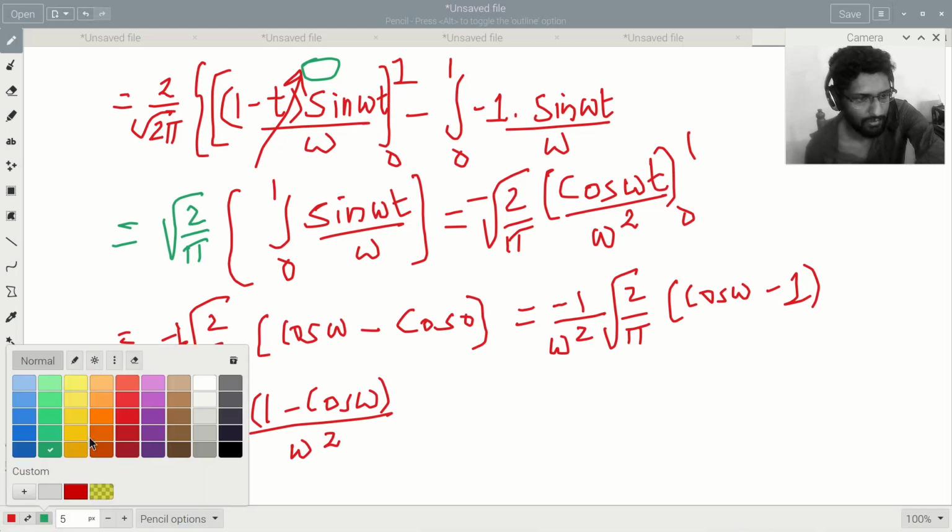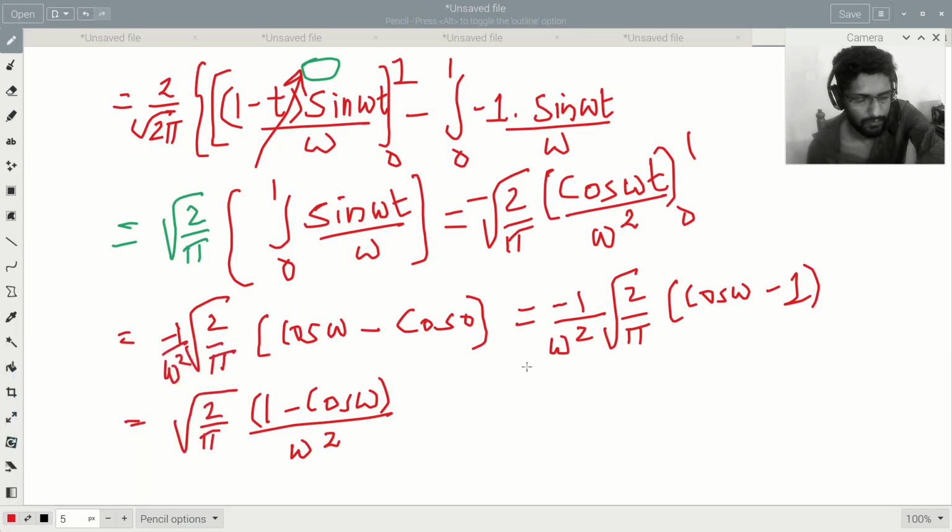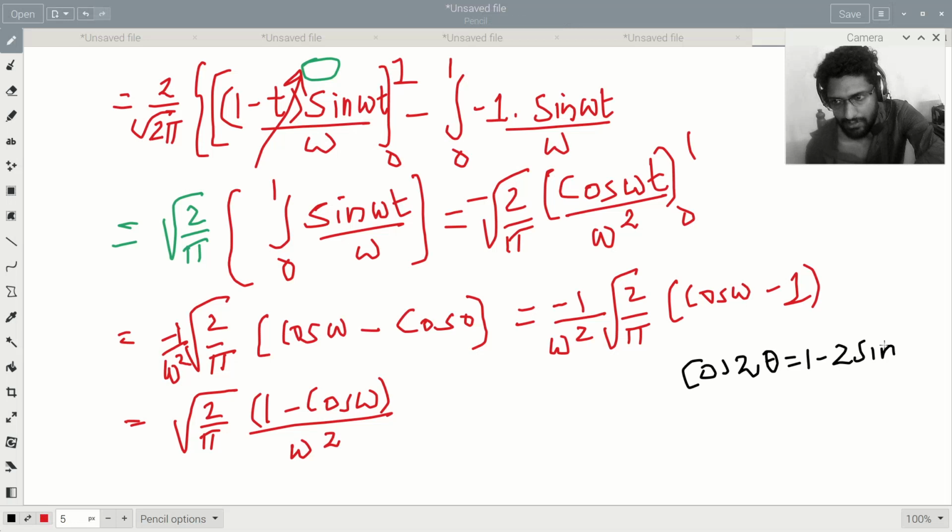Now we are going to change that cos omega. We know cos 2 theta. We know what cos 2 theta is. It is equal to 1 minus 2 sin square theta. Then cos theta is equal to 1 minus 2 sin square theta by 2.